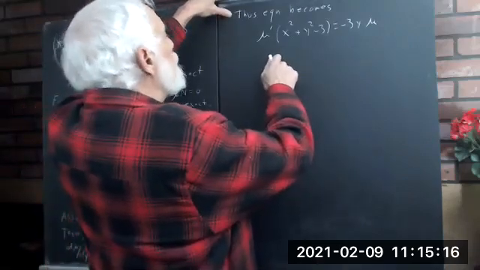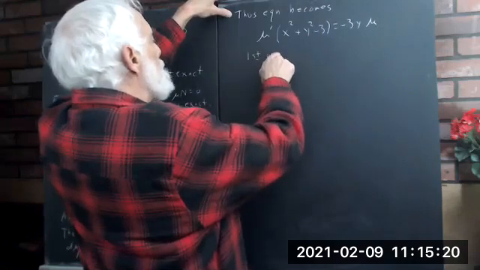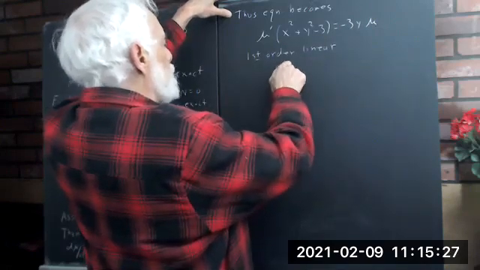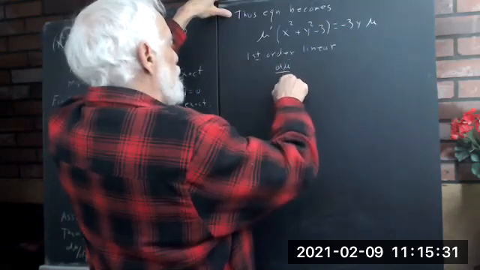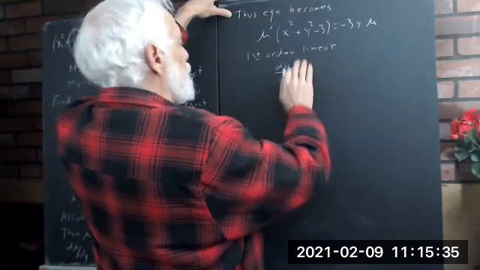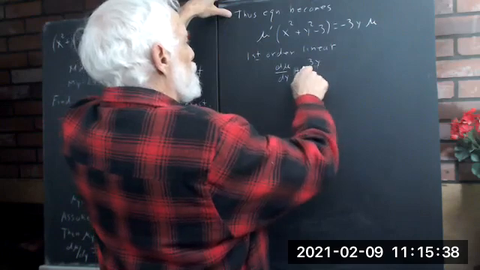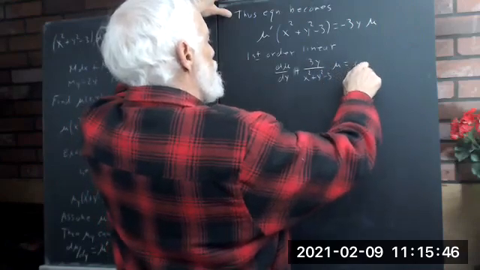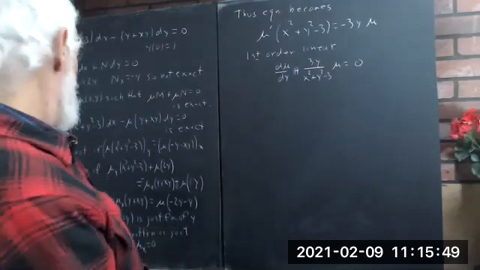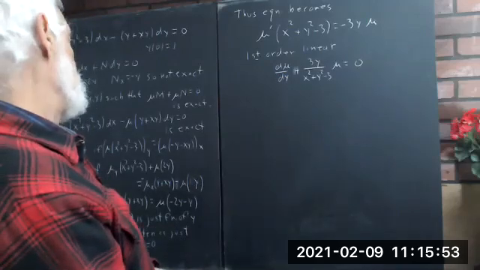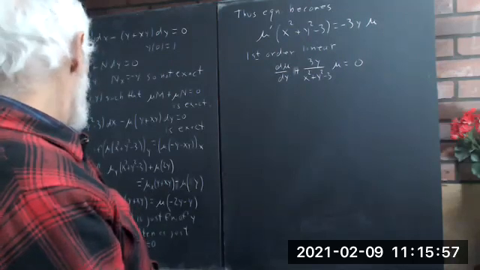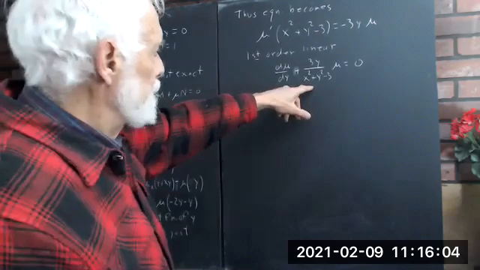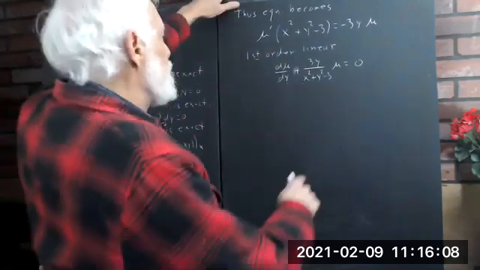But let's just say, okay, we could write it as d mu dy plus 3y over x squared plus y squared minus 3 times mu equals 0. But something has apparently not worked out because this isn't a function just of x. So let's say first order linear.